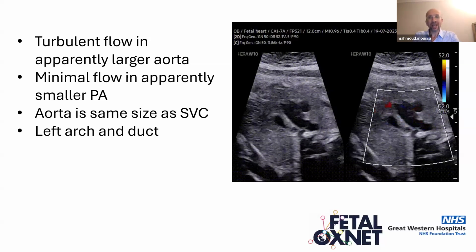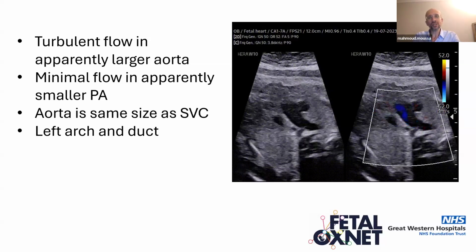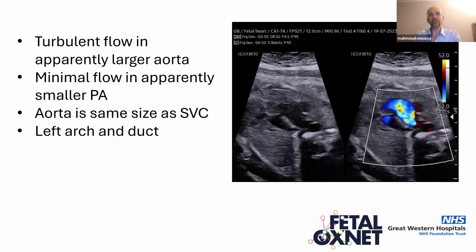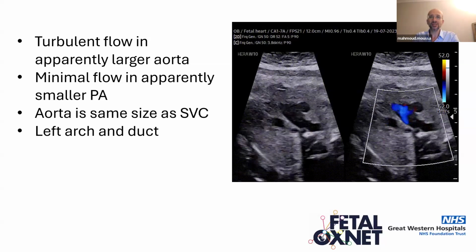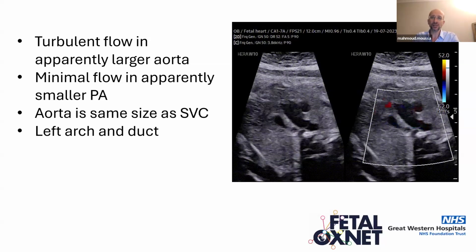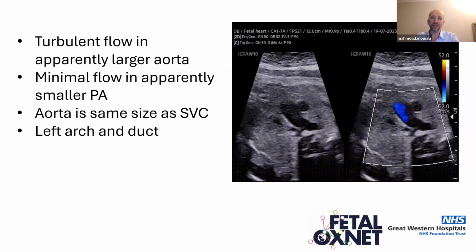If you are off plane, so if you are not using the Doppler in the right way, then you might sometimes falsely diagnose that there is no flow across the vessels.